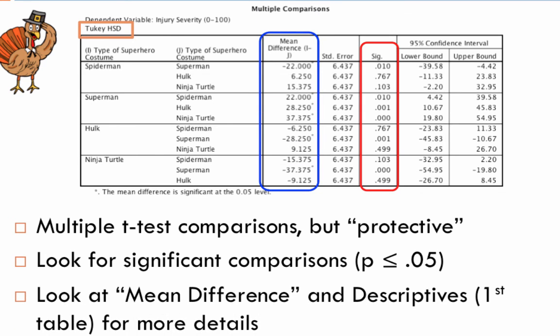You'll also want to look at the mean differences and also Table 1 for more details in terms of what are the means and standard deviations for those groups and how much do those groups differ. So if we take a look at this table, do you see any groups that significantly differ from each other?